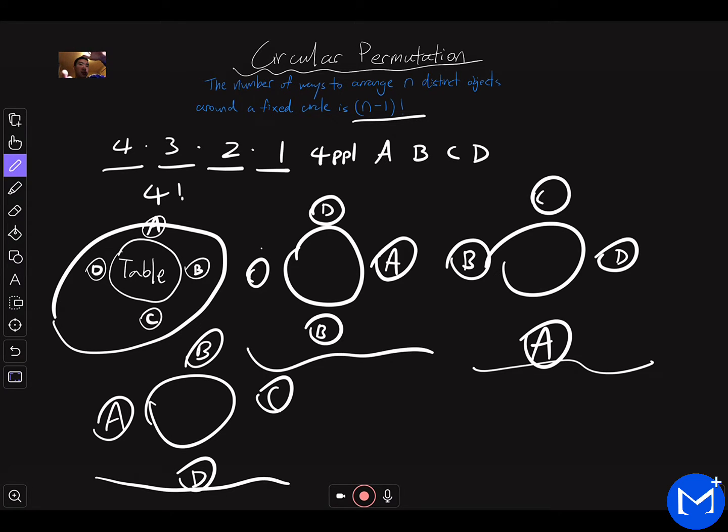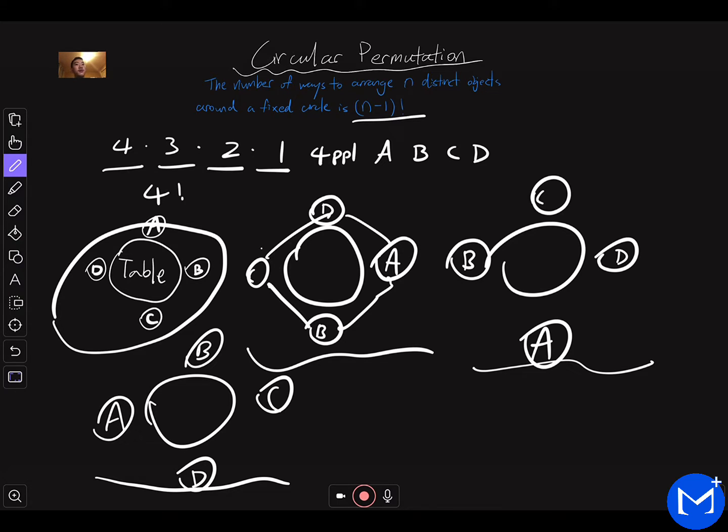You're just rotating the table, and the position of each person relative to another person is the same. A is beside B, B is beside C, C is beside D, and D goes back to A. This kind of relative relationship is the same for all those 4 cases.